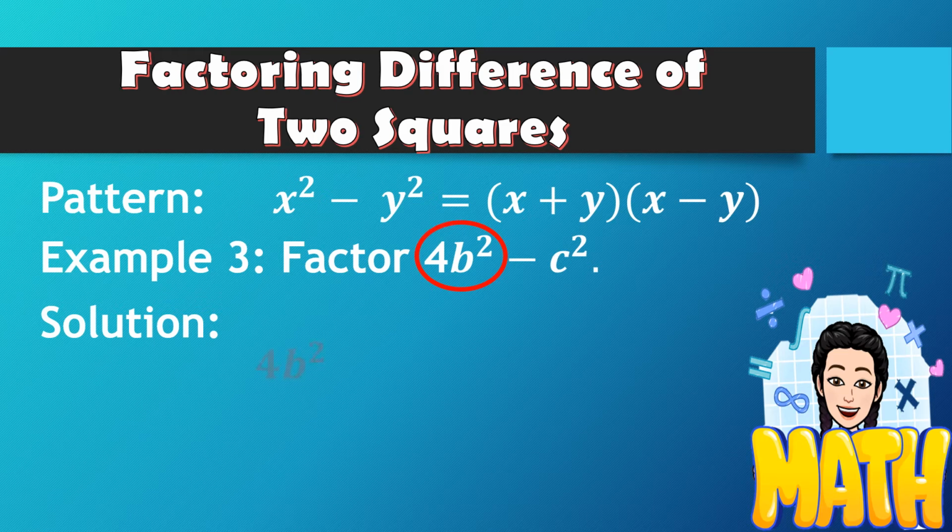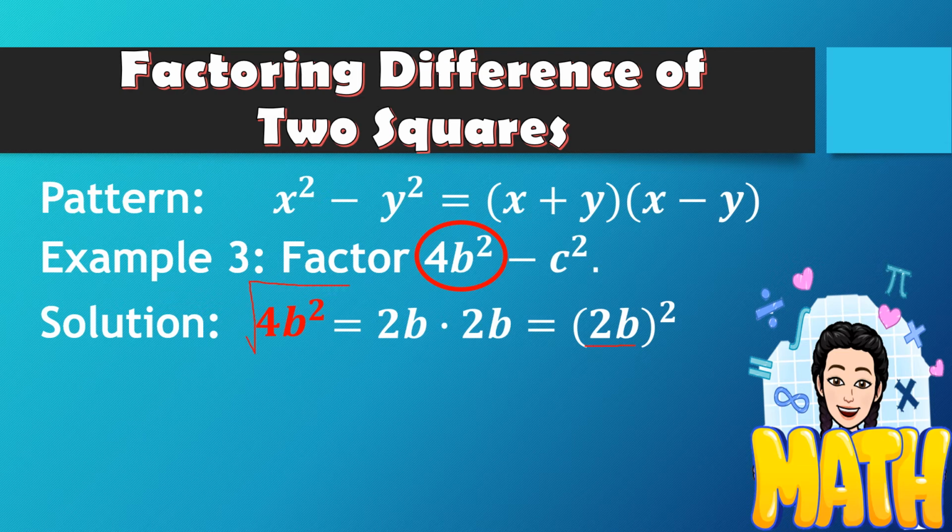Para sa 4b squared, we have 2b times 2b equals 2b squared. So, ang square root ng 4b squared ay 2b. Para naman sa c squared, we have c times c equals c squared. So, ang square root natin ng c squared ay c.